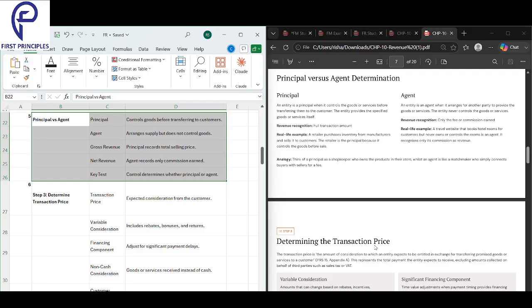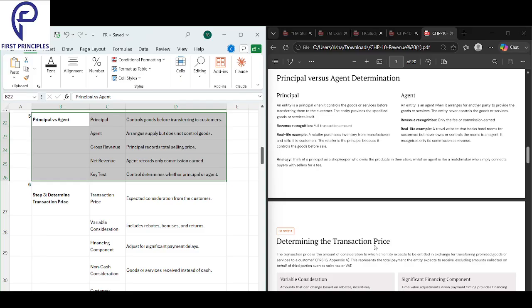One who owns the good is the principal. The principal records gross revenue, the agent records net revenue. How do you know who's the principal and who's the agent? See who controls the goods. The one who controls the goods is the principal.